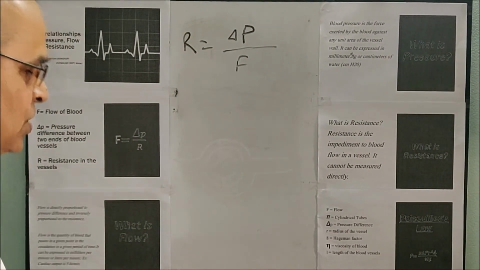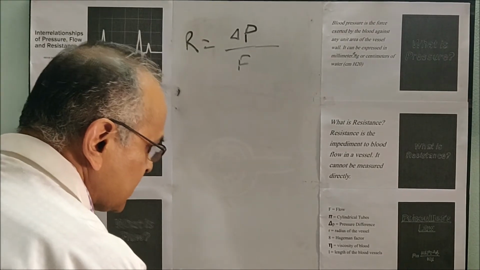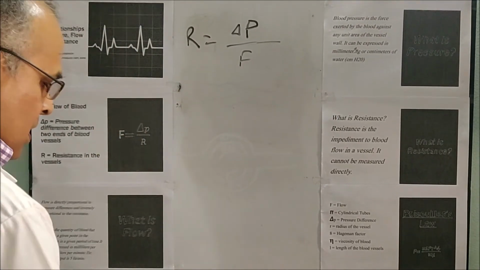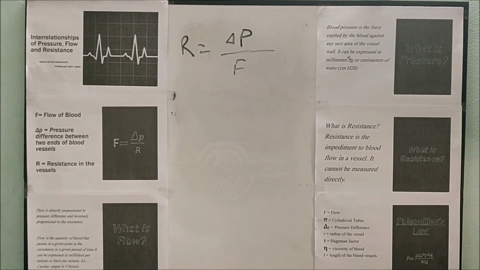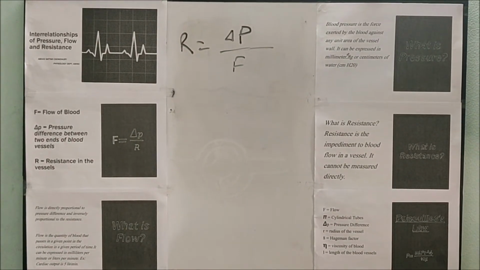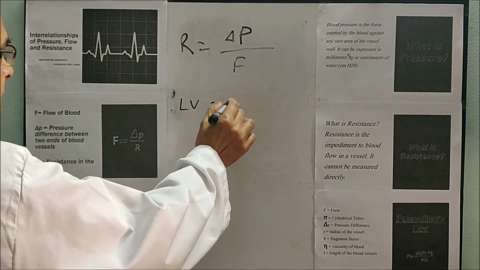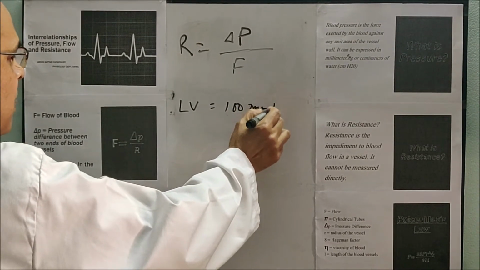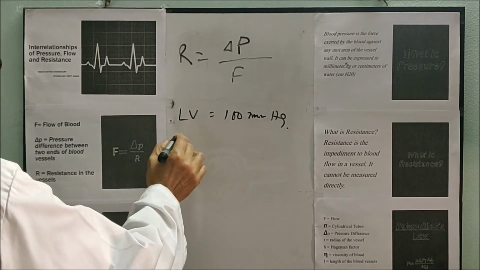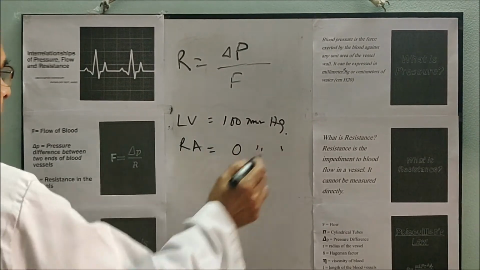Now, there are two types of resistance. One is systemic resistance, another is pulmonary resistance. How can you measure systemic resistance? Suppose the mean left ventricular pressure is 100 millimeter of mercury and the right atrial pressure is 0 millimeter of mercury.